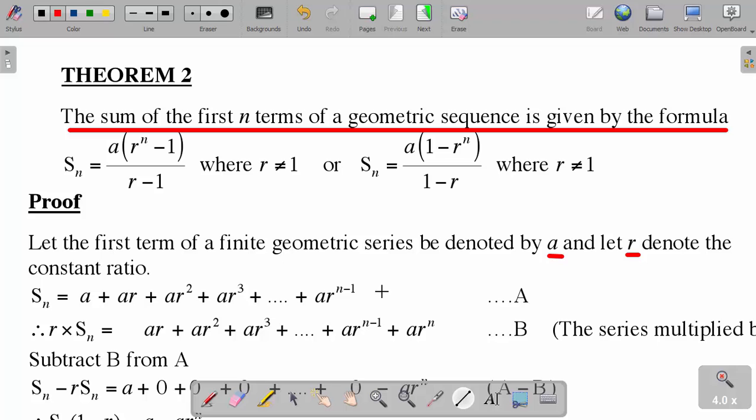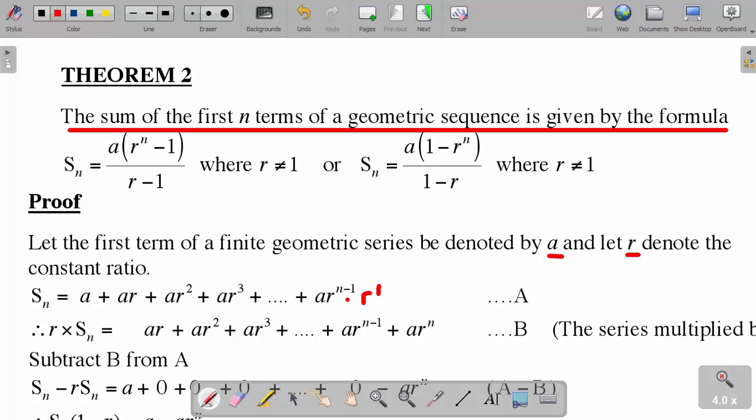Don't forget that when I am multiplying and I have the same bases, I add the exponents. Let me show it properly. Now this was AR power n minus 1. Now times R, which is R to the power 1.